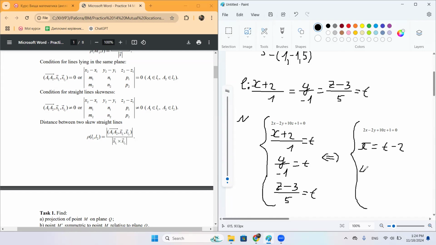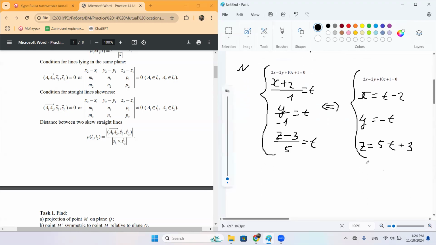Y equals minus t. And so z minus 3 equals 5t. So z equals 5t plus 3.